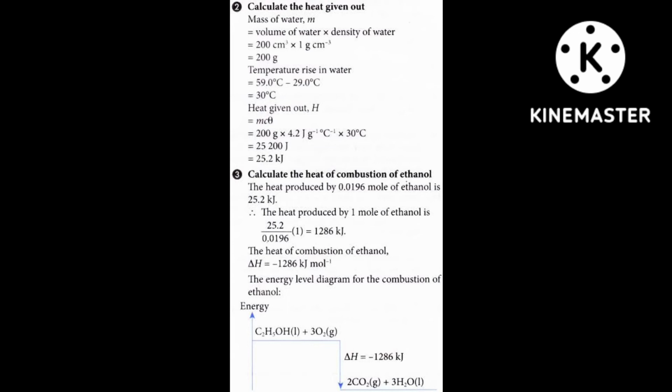The third equation you again have to write. They have given the formation of H2O. Its value is given in the question, minus 285.83 kilojoule.